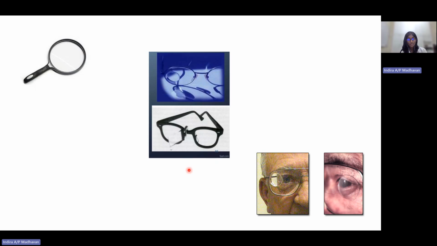It's either a central scotoma, or central visual field defect, or a peripheral visual field defect. Most of the patients would have this. So that is the reason why we included this in the syllabus, so that you are aware of the management for the visual field defects that the patient is having.